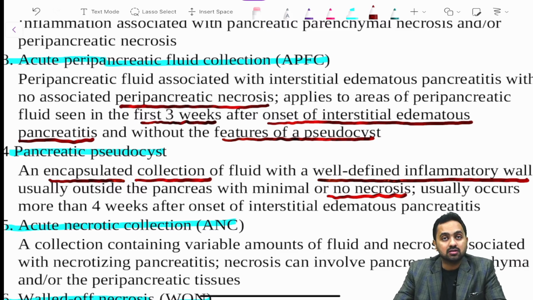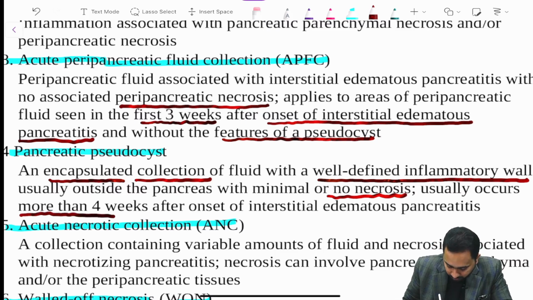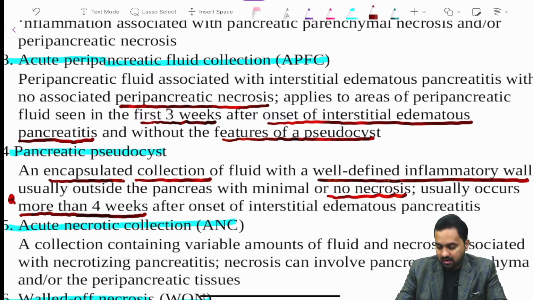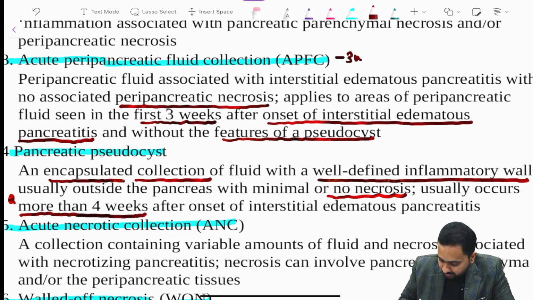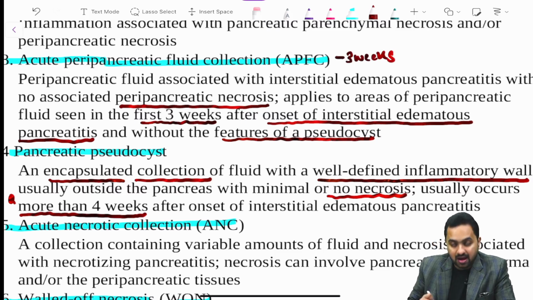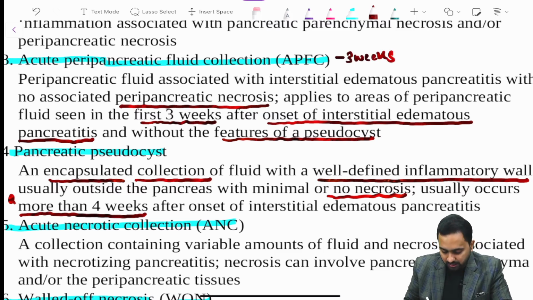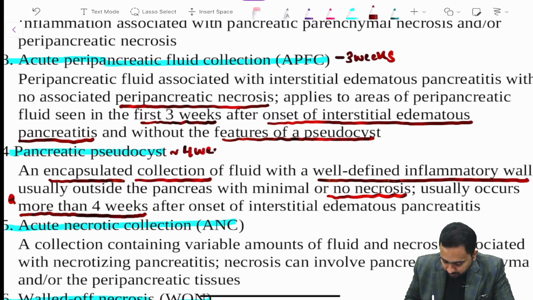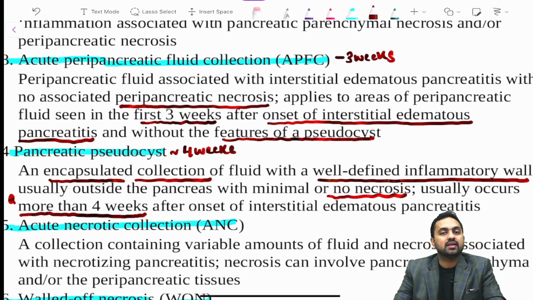And it occurs more than 4 weeks after the onset of interstitial edematous pancreatitis. So your acute peripancreatic fluid collection is occurring within 3 weeks, whereas your pancreatic pseudocyst is occurring after 4 weeks of onset of interstitial edematous pancreatitis.